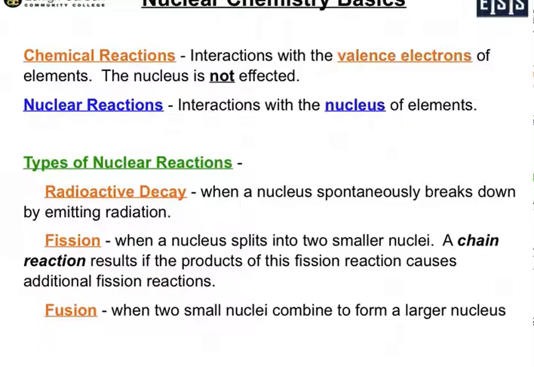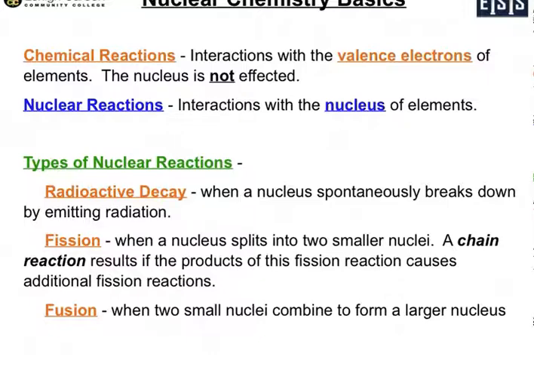Now, the types of nuclear reactions: there's radioactive decay, when a nucleus spontaneously breaks down and emits radiation, and we have a separate video done on that, and also a separate video on half-life, which is involved in radioactive decay. But in today's video, we're going to talk about fission reactions. That's when a nucleus splits into two smaller nuclei.